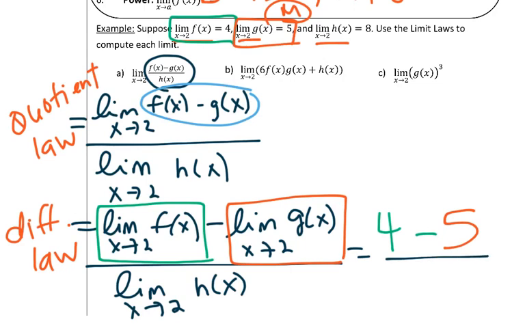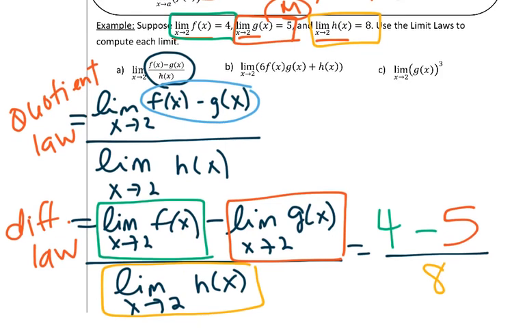And then the last one here, this bottom one, is defined here as 8. And then we just simplify. So if we simplify that, we will get 4 minus 5 over 8, which is 1/8. So the limit of all of that stuff together is equal to negative 1/8. I forgot the negative.